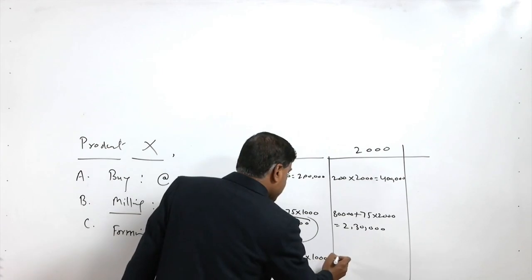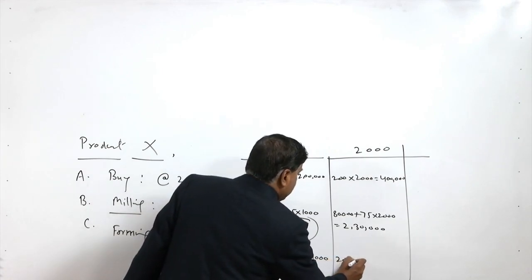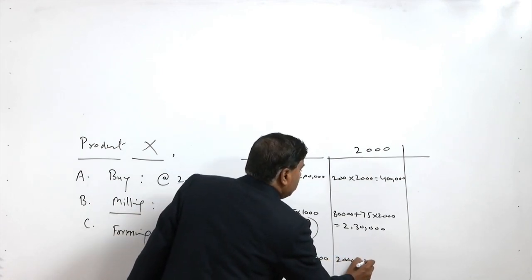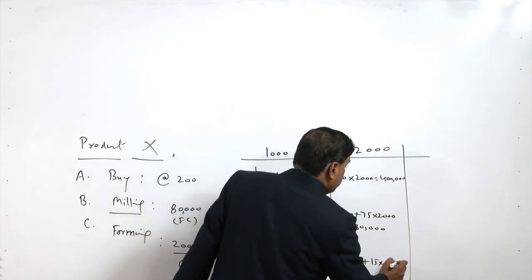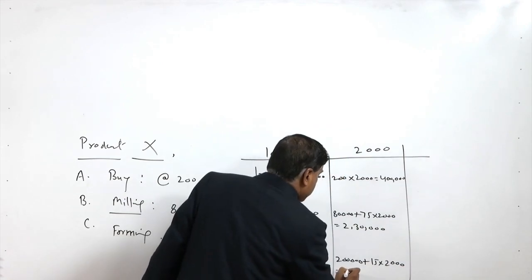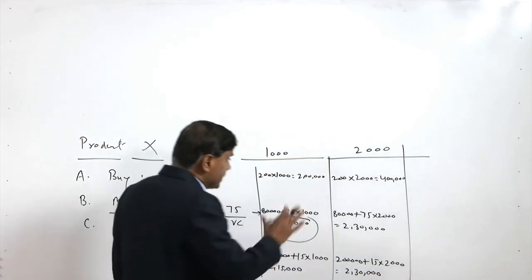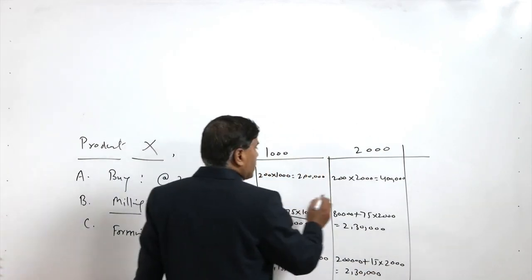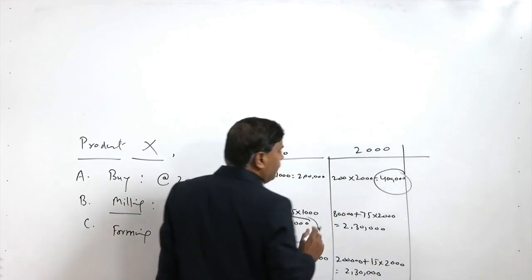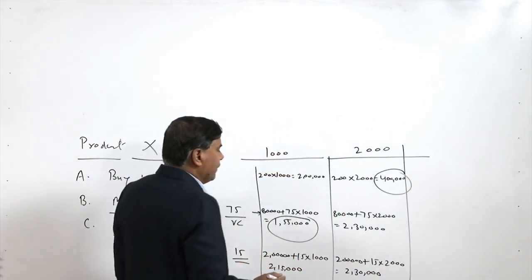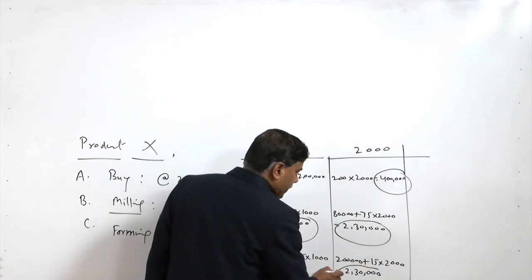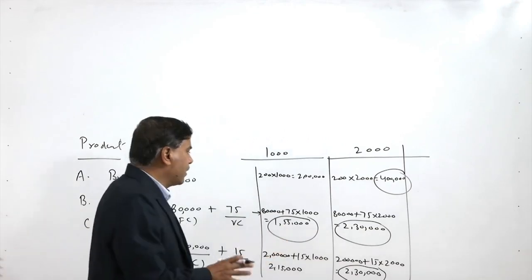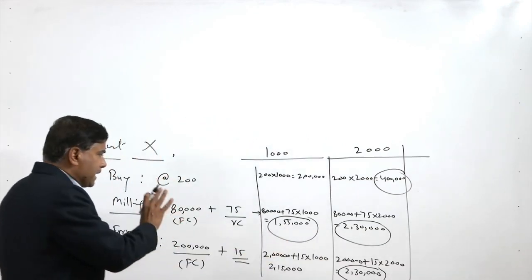And for forming, it will be 2 lakhs plus 15 into 2000, so the total is also 2,30,000. If we see this scenario, the costliest option is option A, buying from the market, and the other two options, milling and forming, have almost the same total cost.